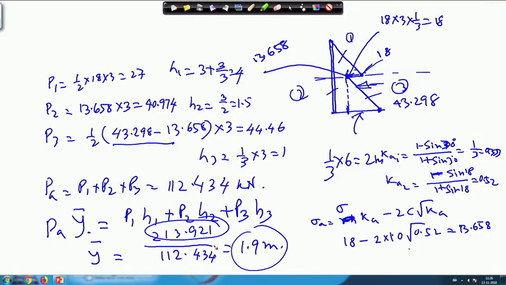Then find out the individual point of application from the base, multiply each individual force by its individual distance, sum that, and then divide by the total active thrust. Then you will get the point of application from the bottom of the base of the footing. So, that is the way. This is P1H1, P2H2, P3H3, and this is the total thrust. By that I could get the point of application of the loading as 1.9 meter from the base.